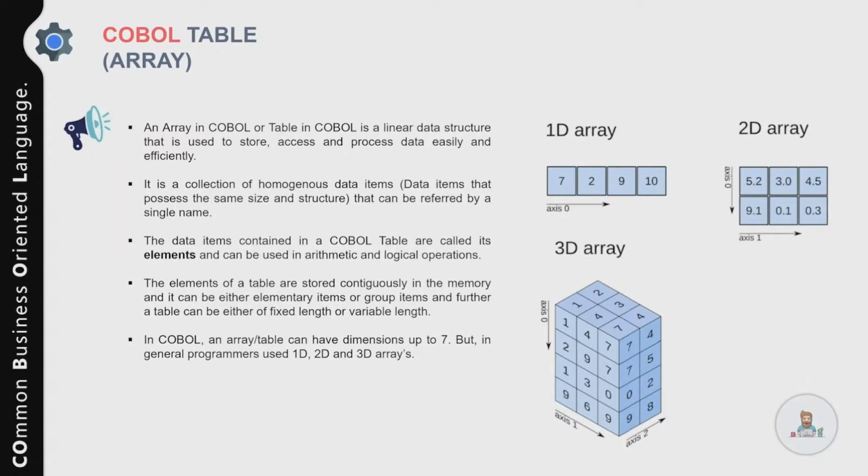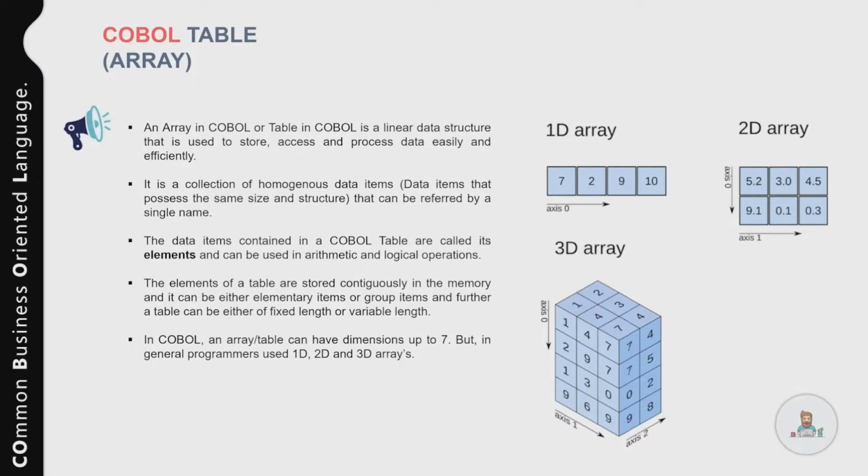The elements of a table are stored contiguously in memory, and they can be either elementary items or group items. Further, a table can be either of fixed length or variable length. In COBOL, an array or a table can have dimensions up to 7, but in general, programmers use 1D, 2D, or 3D arrays or tables.